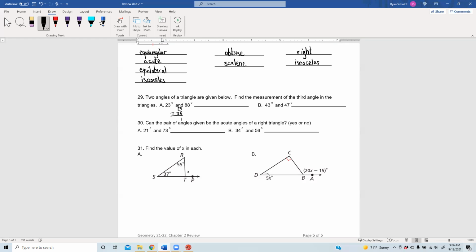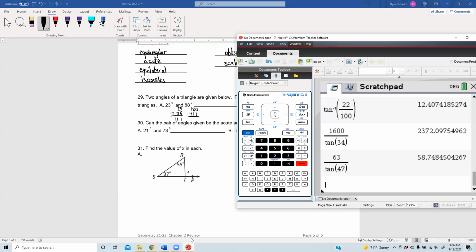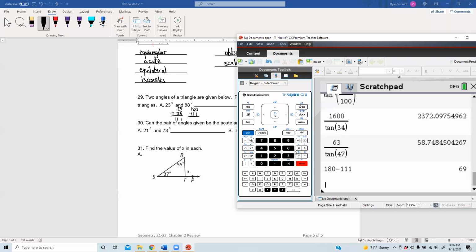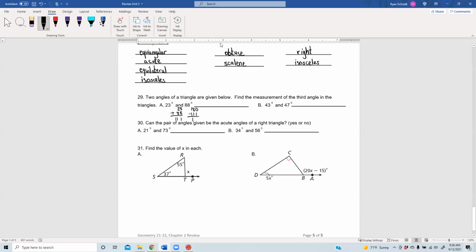That gives me 111. And then I'll subtract that from 180. 69. This other angle has to be 69 degrees.